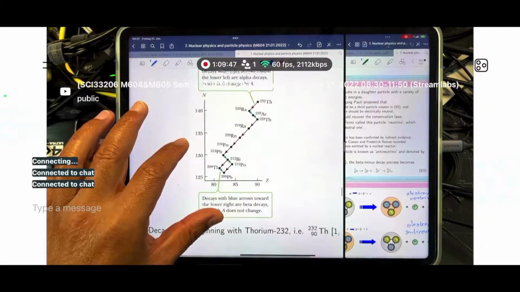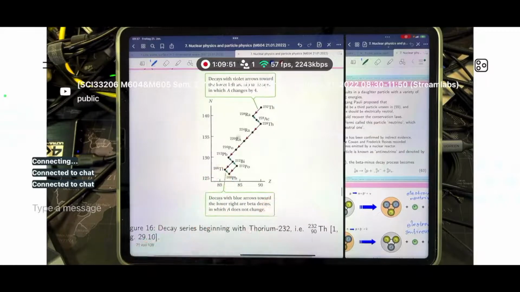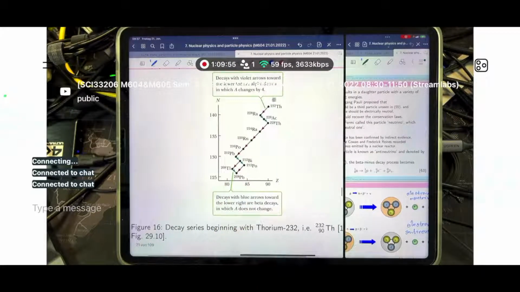Thorium 232 has the following decay process. It combines both beta and alpha processes, I would say. Decay with violet arrows toward the lower left are alpha decay. They change their nucleons from 232 to 228, so they release 4 nucleons.